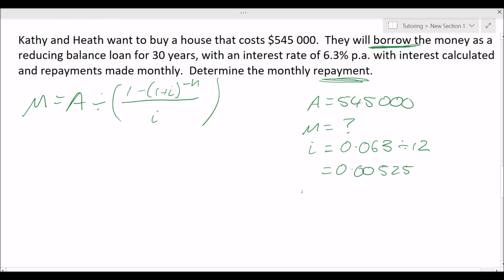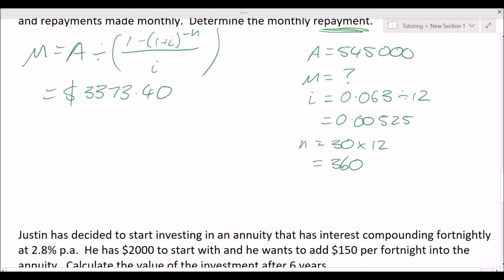Nice, neat terminating decimal there. And 30 years, 12 months in each year. That's 360 compounding periods. When you put all that into your calculator, it's a monthly repayment of $3,373.40. Houses are expensive.